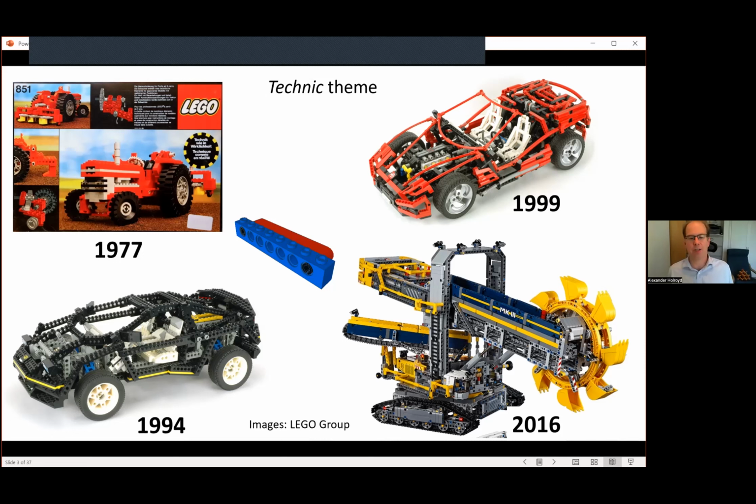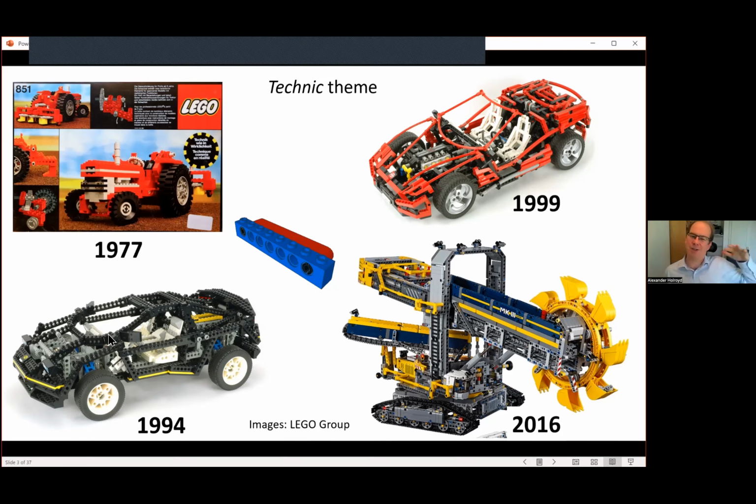Then an interesting thing happened in the 1990s, as illustrated by these two pictures here, 94 and 99. They changed to a different system where there are no longer any studs. Before that, the pieces looked like Lego bricks, but not like the traditional Lego bricks that everyone recognizes, but they have holes in them.